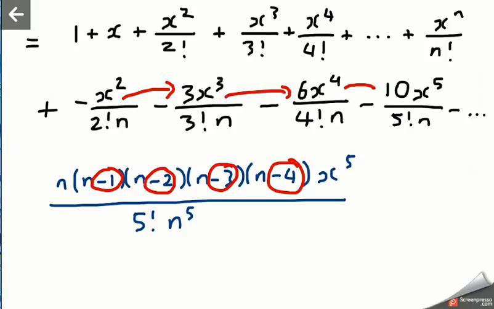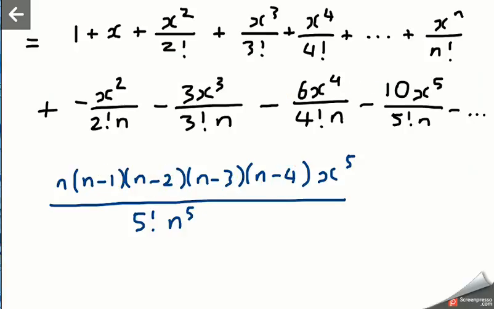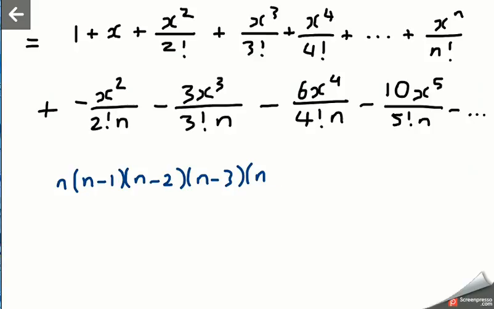So that's how we got to 10. So that's what's going on there. And then the next term is going to be minus 15x to the power of 6 divided by 6 factorial n. And the reason why I know that is because I'm going to be adding a 5 onto that 10.